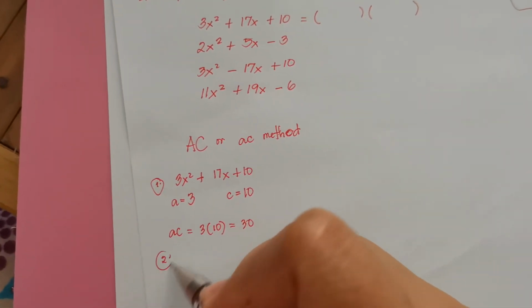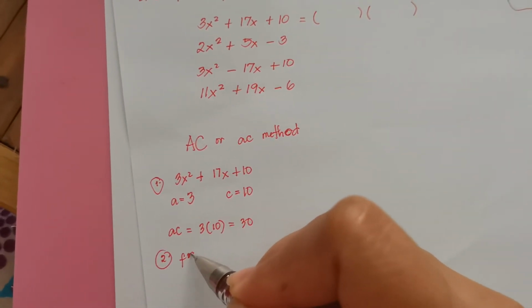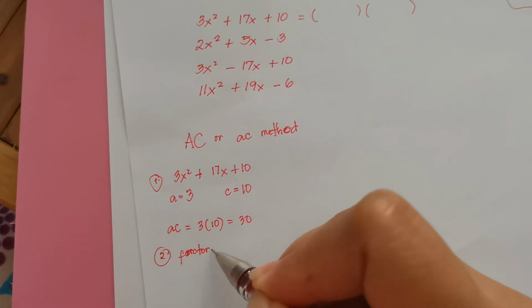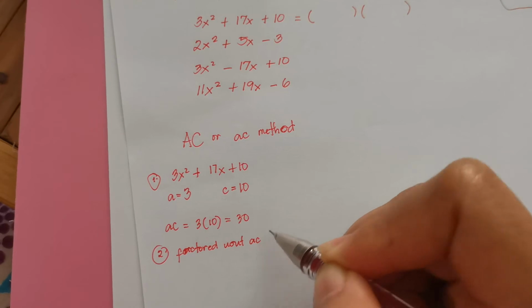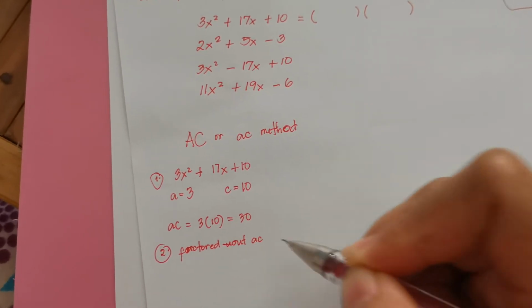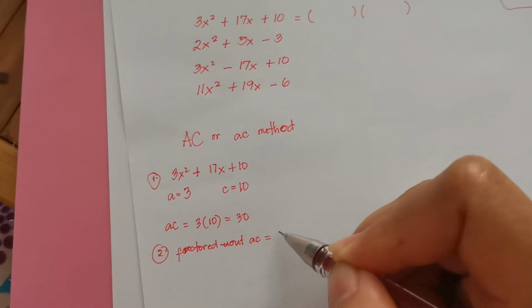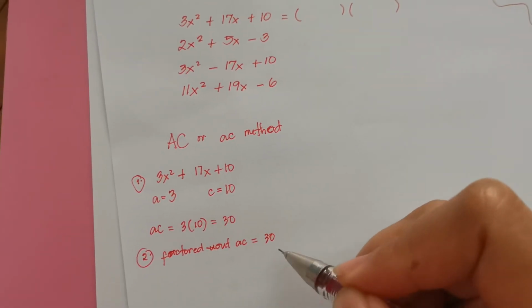This time, second step na kita. Second step, factor out AC, which is equal to 30. What are the factors of 30?